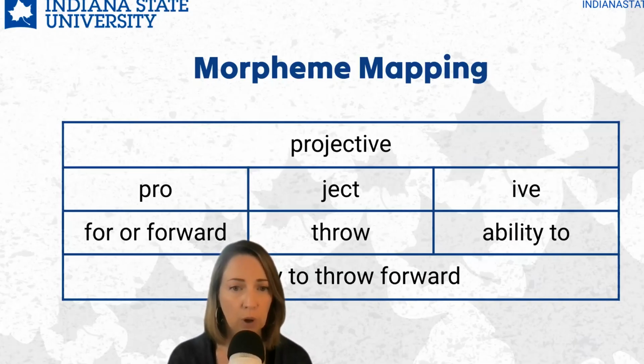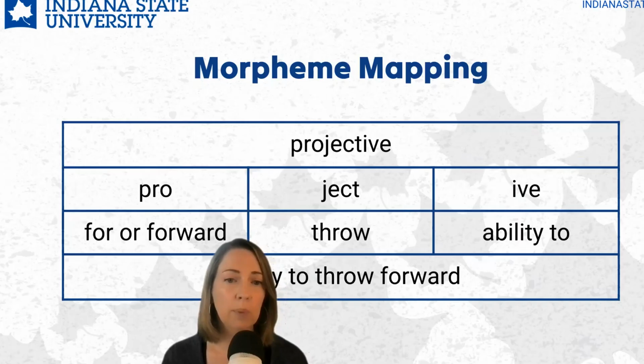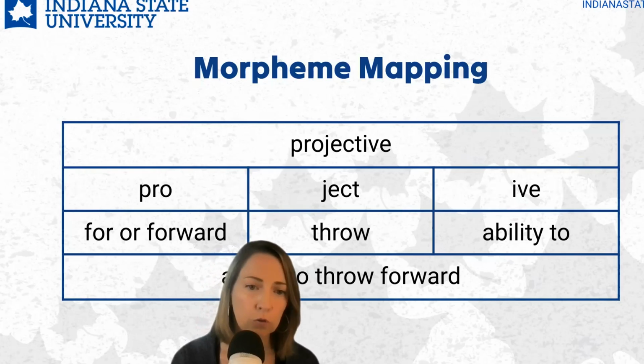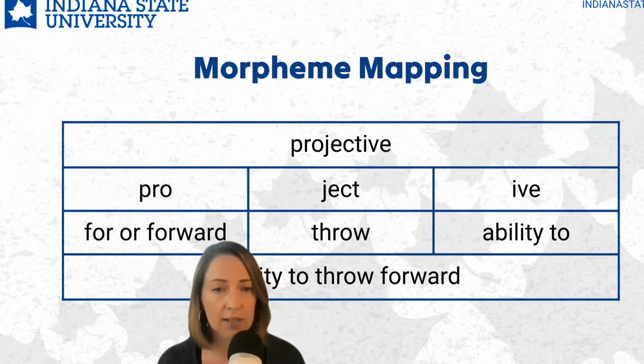Ject means to throw, and ive means the ability to. So I can provide each word part and ask students to provide the meaning if they're working on that, or I can provide the meaning as well. So we map the word backwards. After we have all of that filled out, then we say projective, the ability to throw forward. And that provides the meaning for us. So then the students would write the meaning in the bottom row.